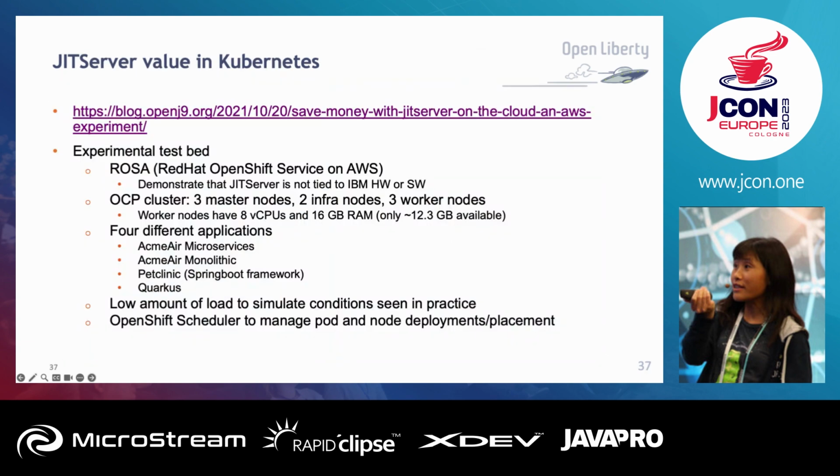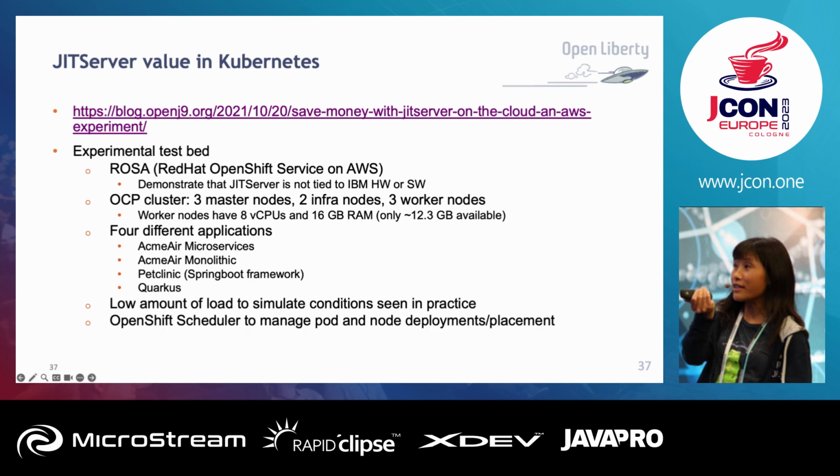We did some experiments on a test bed using the Red Hat OpenShift service ROSA on AWS, to demonstrate the JIT server is not tied to IBM Cloud. It has 3 masters and 4 applications of Acme Air: these two on OpenLiberty, this one on Spring Boot, and this one on Quarkus.